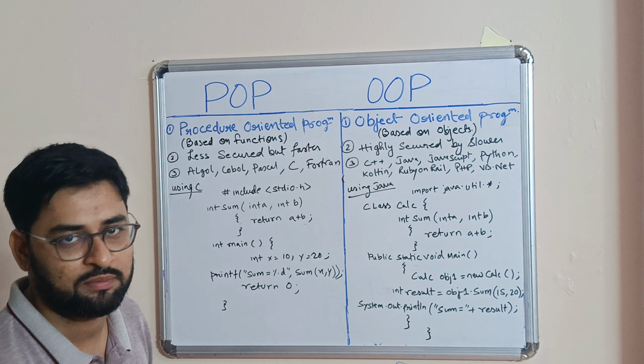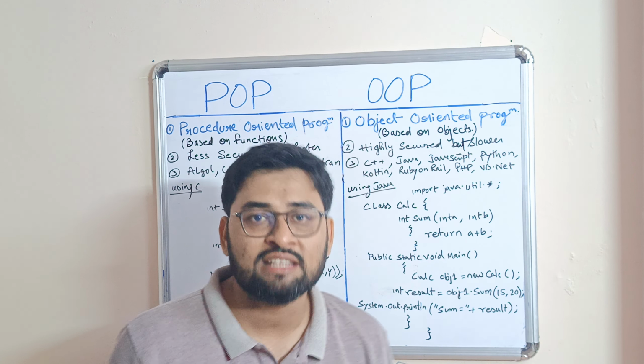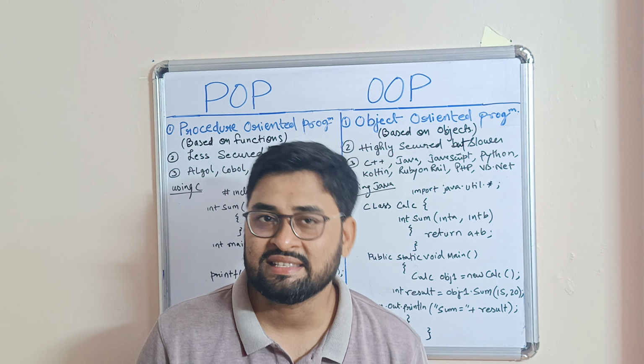Object oriented programming is highly secured but slower. The second point: POP is less secured but faster. For security reasons, the POP based programming languages are less secured.